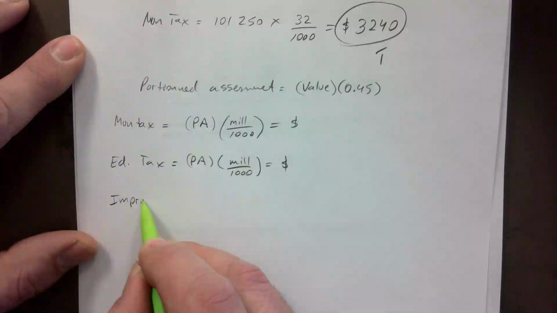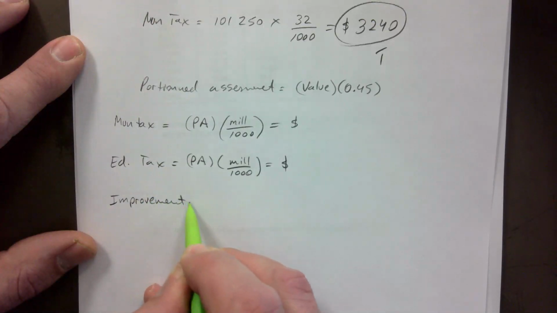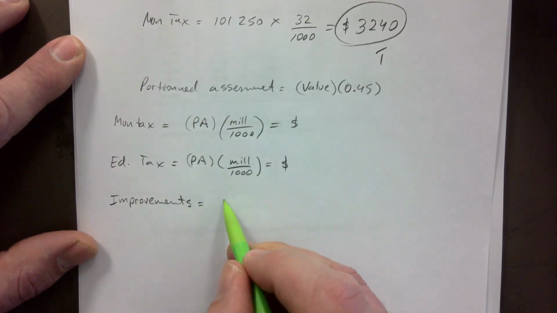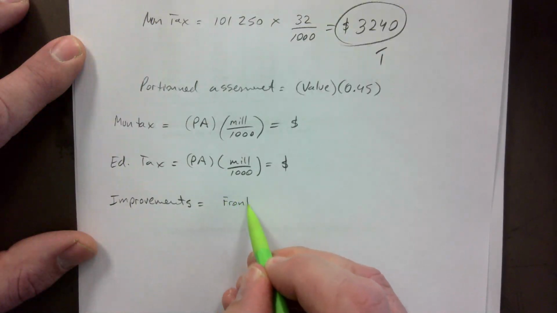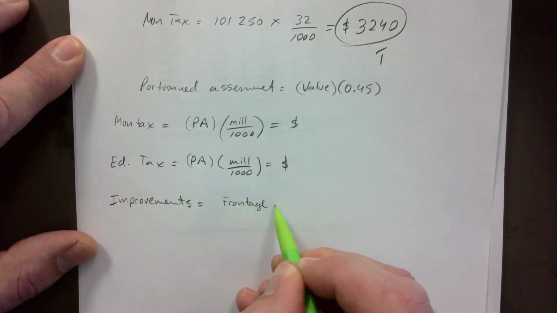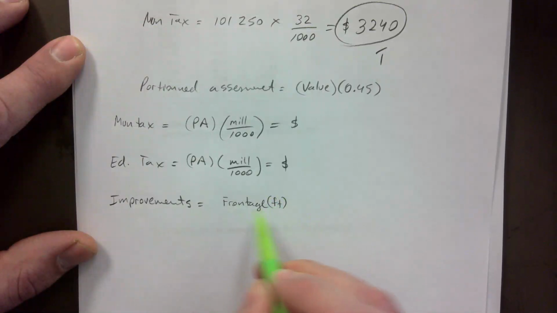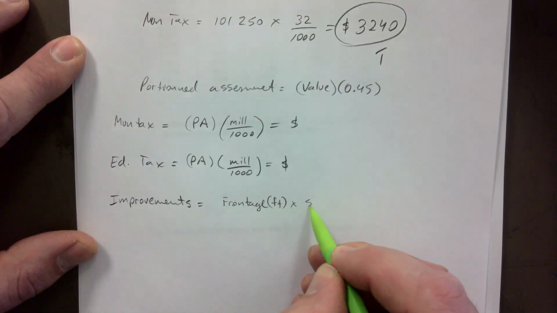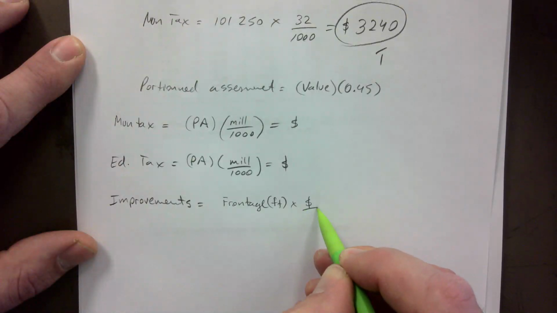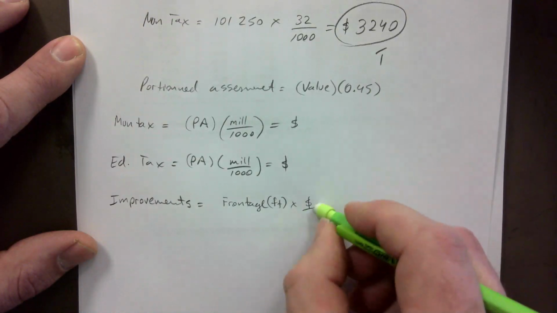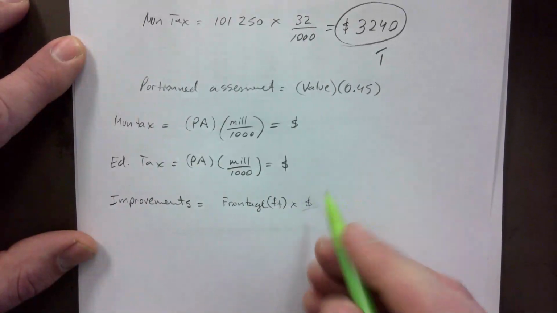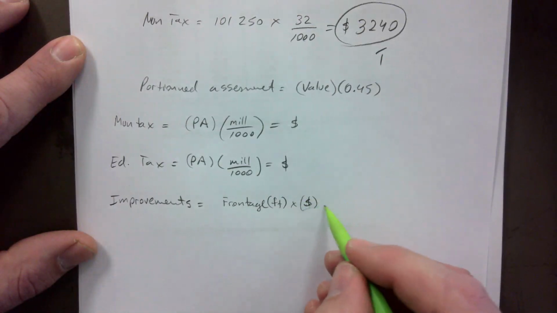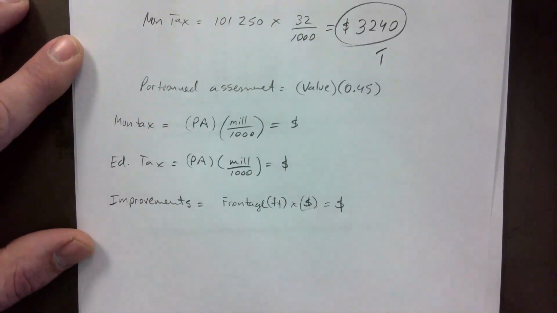Do you remember that part? Improvements is frontage in feet, how wide the property is, times some sort of dollar amount. It's just a dollar amount, I shouldn't say divided by anything. It'll just be given to you, so you get that.